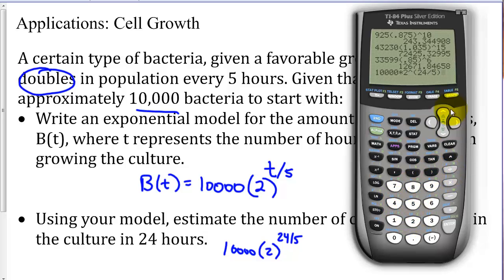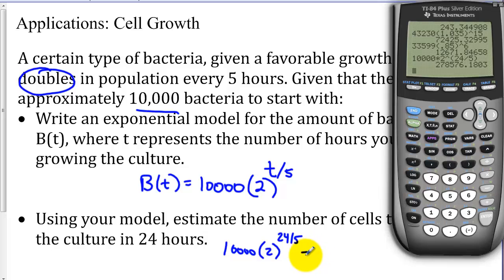So if your exponent is some calculation, you need to put it in parentheses. And we have here 278,576 cells. So that's going to be after 24 hours. We've not quite doubled 5 times. We've almost doubled 5 times. We've doubled slightly less than 5 times.